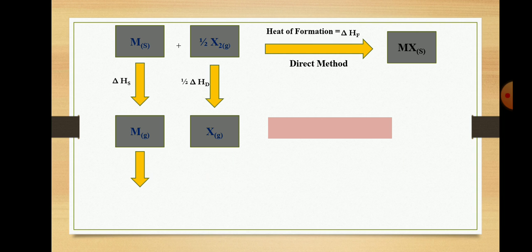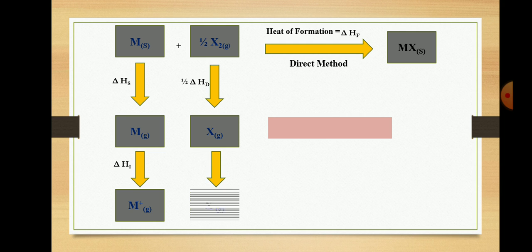Now gaseous metal is converted into cation in gaseous state. The energy is called heat of ionization or ionization energy, and the X gas is converted into X minus in gaseous state. That energy is called delta He, which is electron affinity.